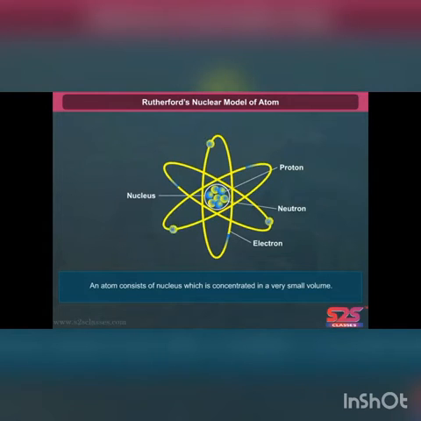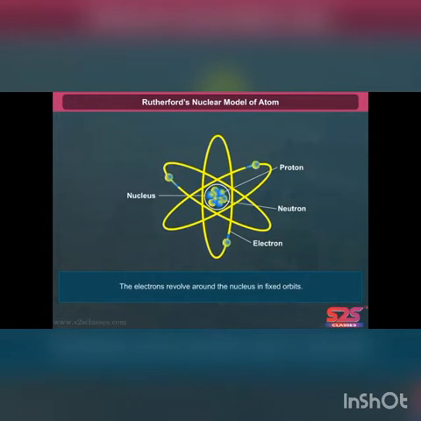According to this model, an atom consists of a nucleus which is concentrated in a very small volume. The nucleus comprises protons and neutrons. The electrons revolve around the nucleus in fixed orbits. Electrons and nucleus are held together by electrostatic forces of attraction.